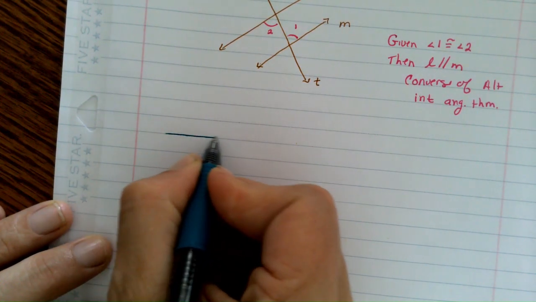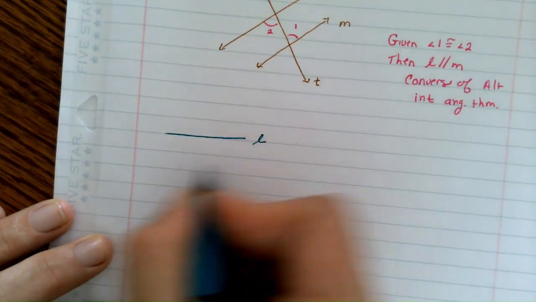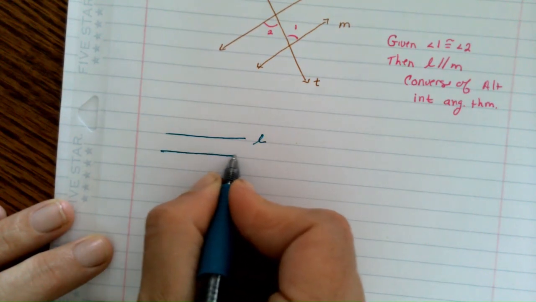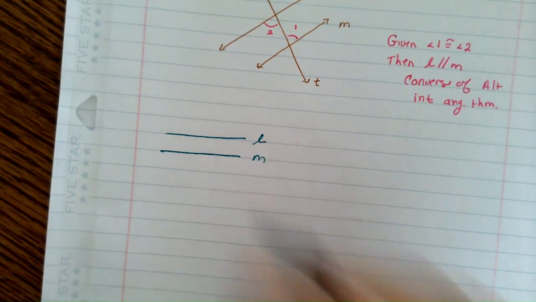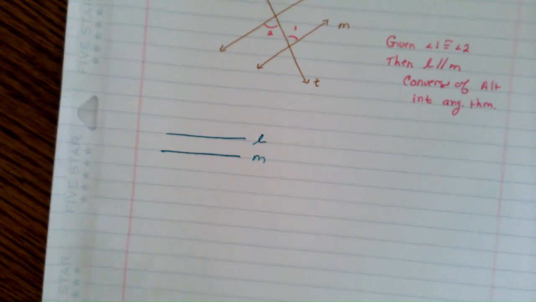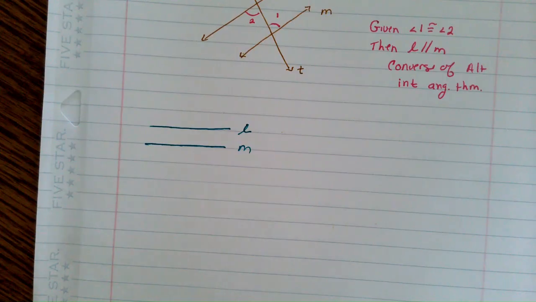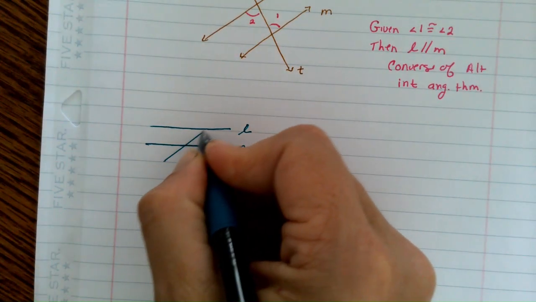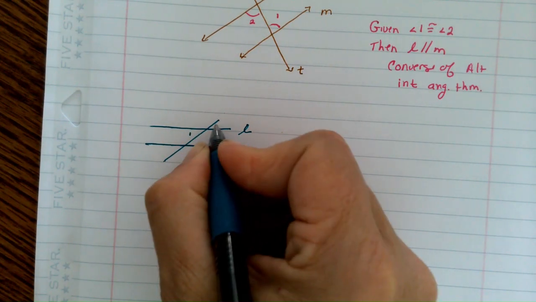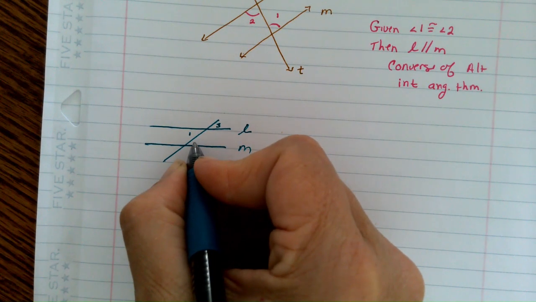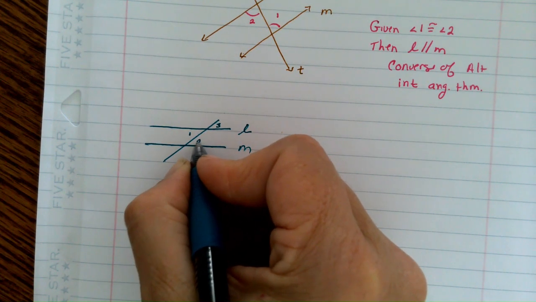Okay, here's our line L. Here's our line M. You'll notice there's no arrows on it, so while they appear to be parallel, which I use the lines on the paper to help me with, there's no guarantee. And here's our transversal. And angle 1, angle 3, and angle 2.